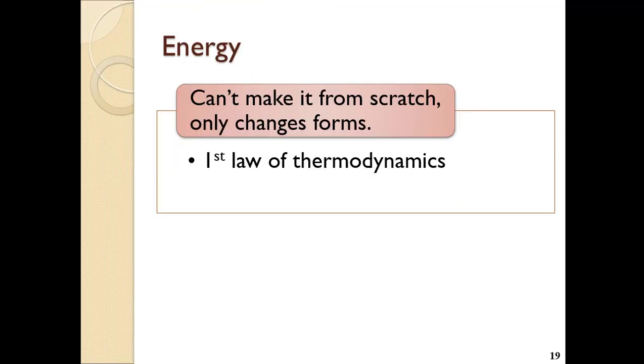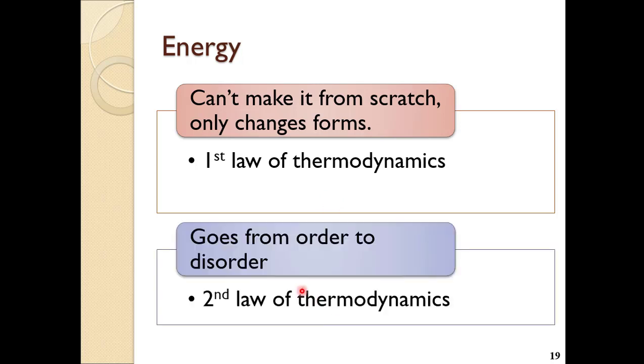So a few things to know. These are basically laws of physics that apply to physiology. Energy, you should understand that you can't make it from scratch. It only changes form. This is the first law of thermodynamics. In fact, those of you who have studied physics, there are exceptions to this, but for us, this is what you want to know. You can't make energy, okay?